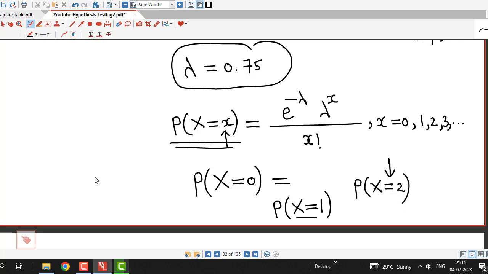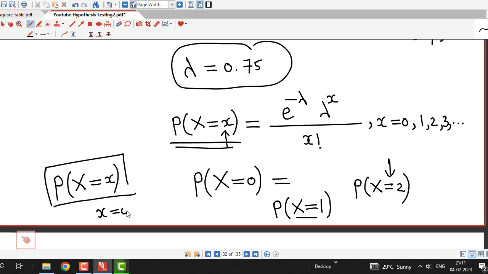So we can find the probability that capital X equals small x. We can calculate the probabilities that the number of defects in a printed circuit board is small x for each value of x using this probability mass function.